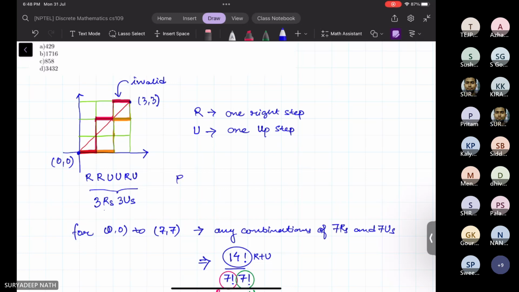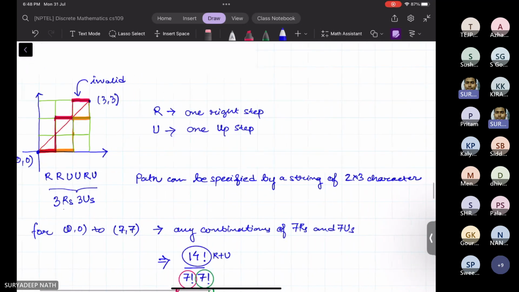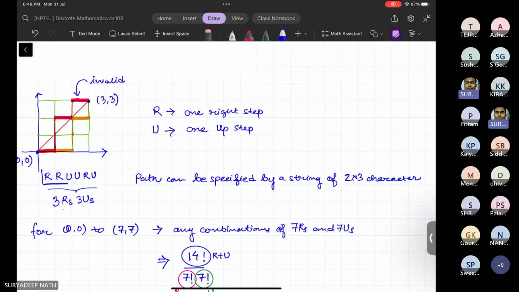So the path can be specified by a string of 2 into 3 characters, like R R U U. If it is 0,0 to 7,7, it would be a string of 2 into 7, that is 14 characters.